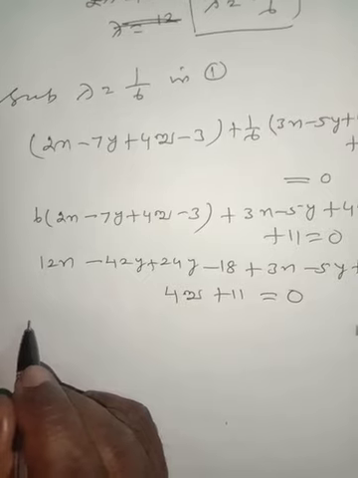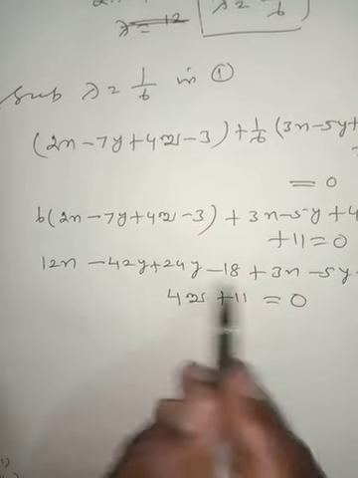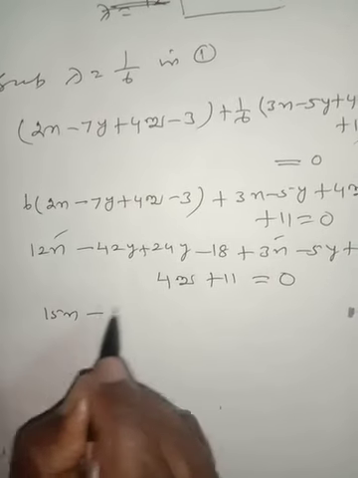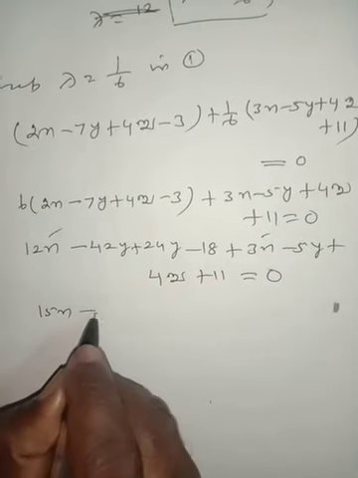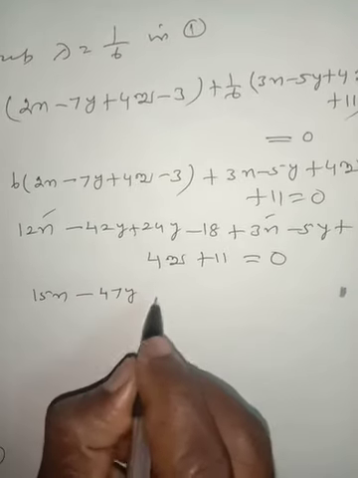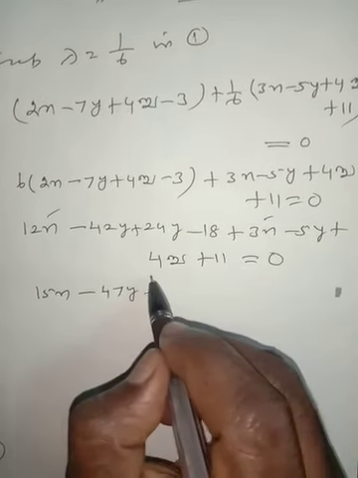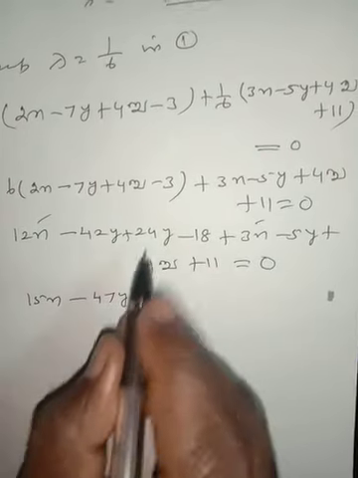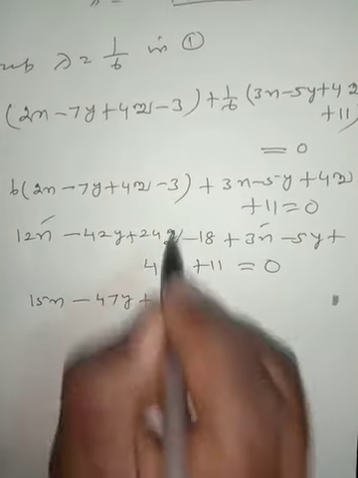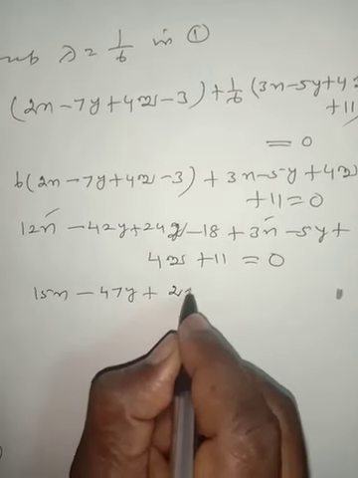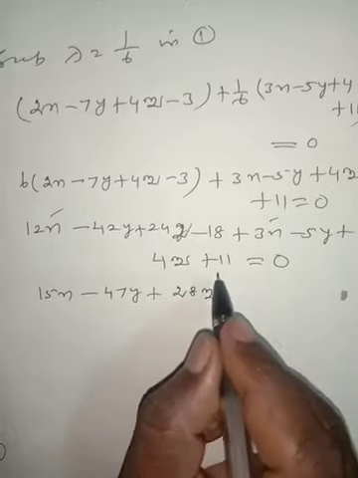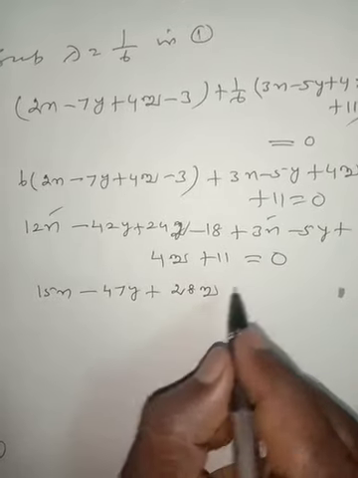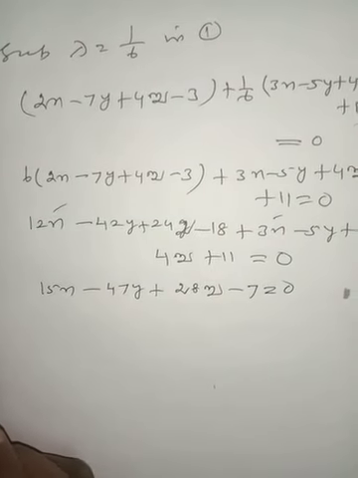Now this means 12x plus 3x is 15x, minus 42y minus 5y is minus 47y, 24z plus 4z is 28z, 11 minus 18 is minus 7, is equal to 0.